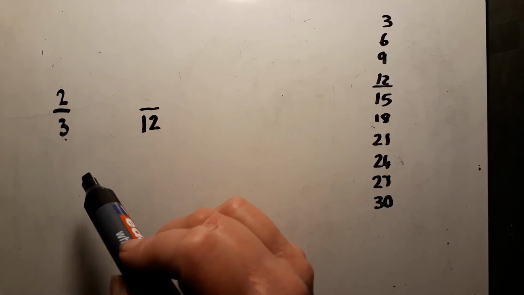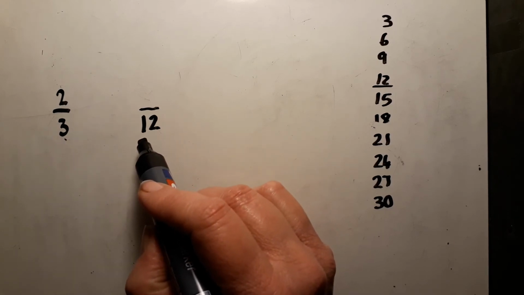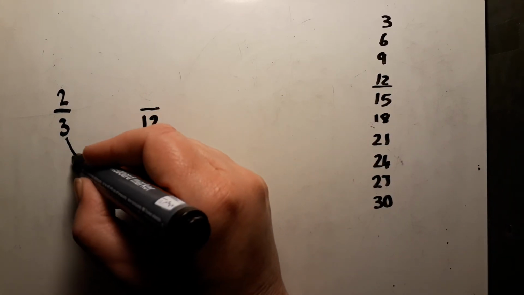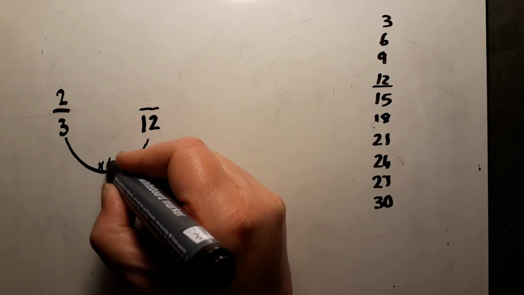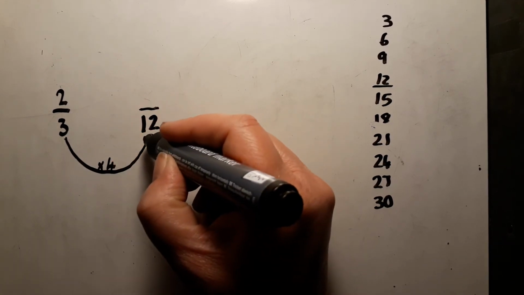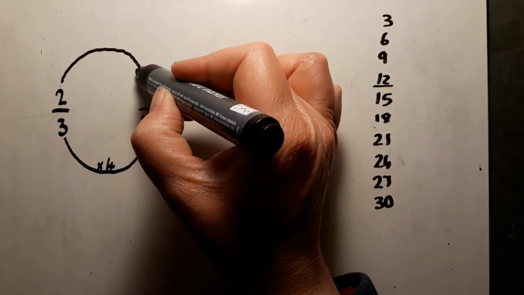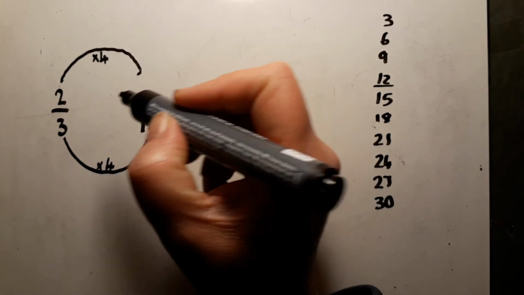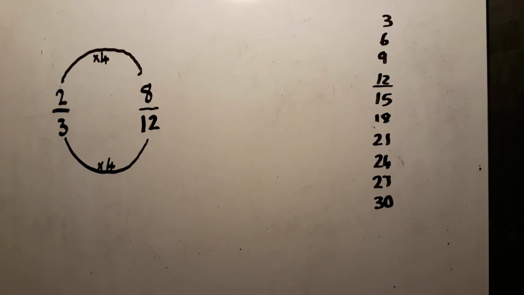So 3 multiplied by something would give me 12, which is 4. So that's what I have done to the 3 to change it into 12ths. And now to make an equivalent fraction, I must do the same to the numerator. Okay, so 2 multiplied by 4 is 8.